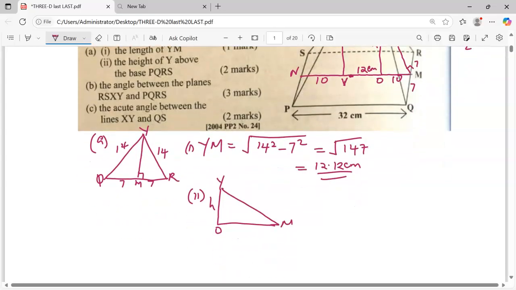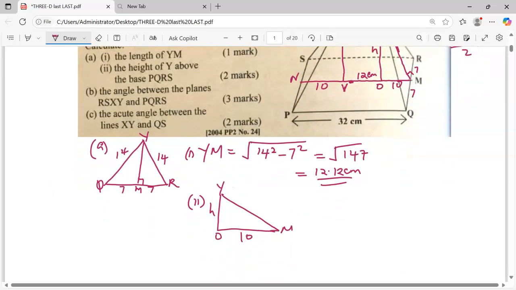Remember, OM will be 10 and YM has already been calculated to be 12.12. And now for us to get the height, we need to get the square root of the hypotenuse squared, that is 12.12 squared minus 10 squared.